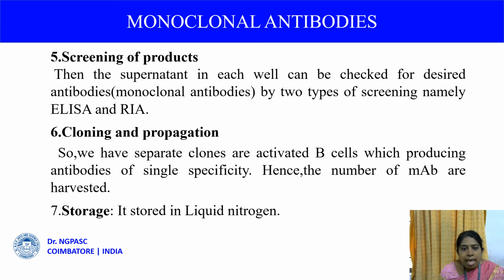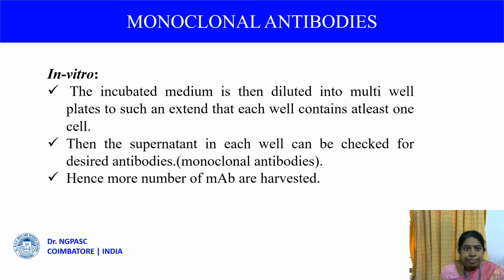Now we have a separate clone, that is an activated B cell, which produces antibody of a single specificity. Hence a large number of monoclonal antibodies are harvested. After the cloning and propagation, it has to be stored, so it is stored in liquid nitrogen.